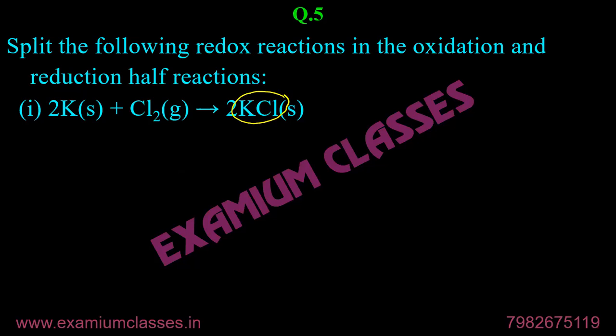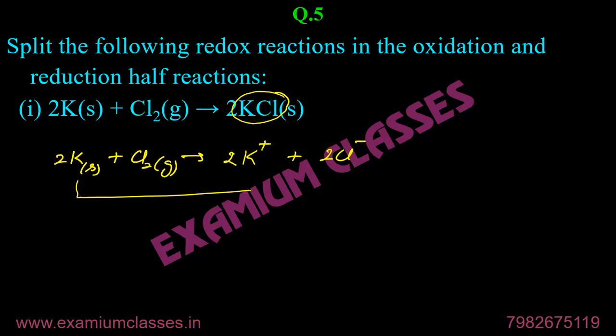KCl, basically you have to write as K plus, Cl minus. Once you have written in this way, you can find this one is oxidation, this one is reduction.